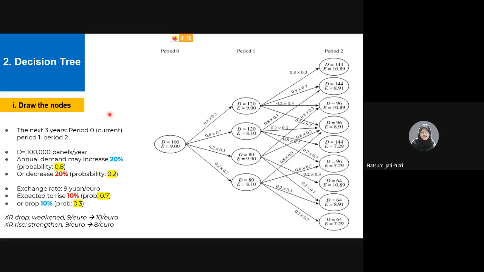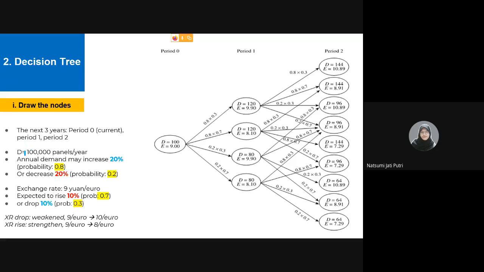Okay, for the decision tree, the first step is we need to draw the nodes. This is the information from the description before. We have to compute for the next 3 years, which are period 0, the current year, period 1, and period 2.